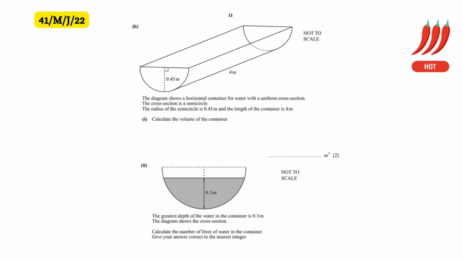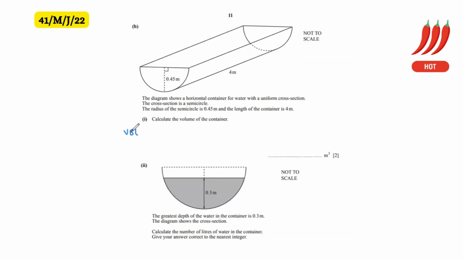Then part B says the diagram shows a horizontal container for water with a uniform cross-section. The cross-section is a semicircle, and the radius of the semicircle is 0.5 meters, and the length of the container is 4 meters. Calculate the volume of the container. So to find the volume of the container, we need to find the area of the cross-section times it by the length.